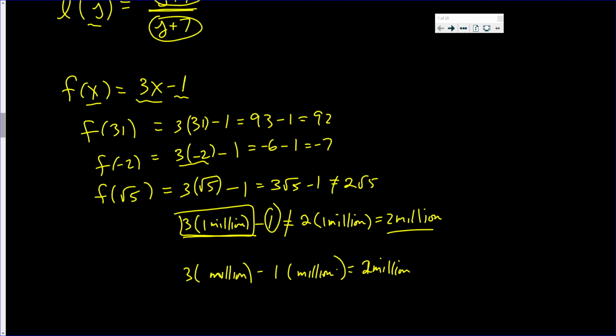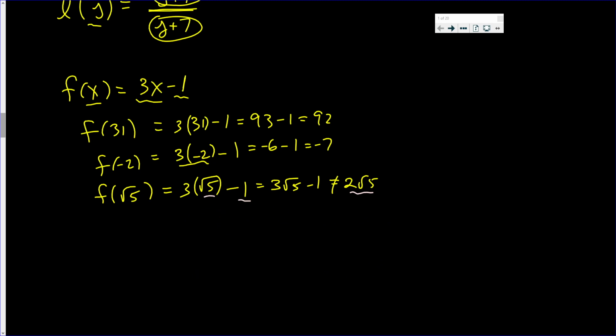Okay, so likewise, 3 radical 5s minus 1 will not be 2 radical 5s. How you would get 2 radical 5s is just how we got 2 million.